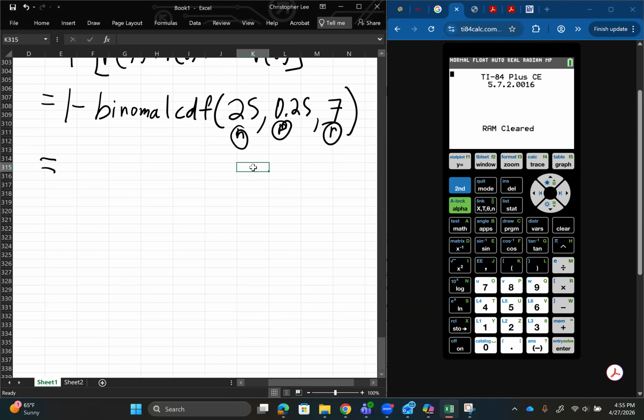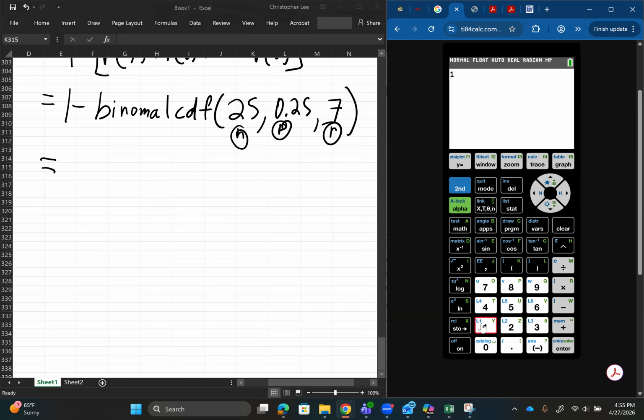All right. So I'm gonna type this in. This is gonna be 1 minus, now to get to binomial CDF, we're gonna go second distribution. We go down to our binomial CDF. Enter. Our trials, that's our N, that's 25. Our probability of success, P, that's 0.25.